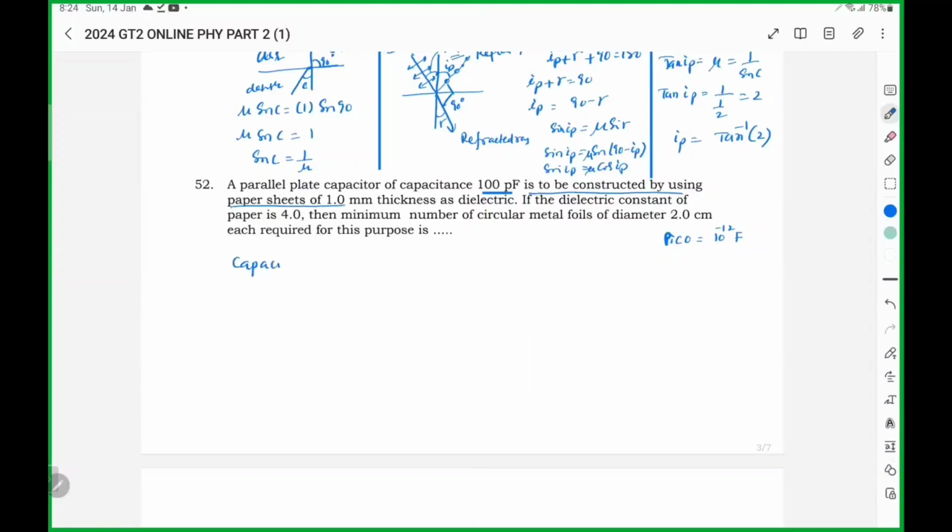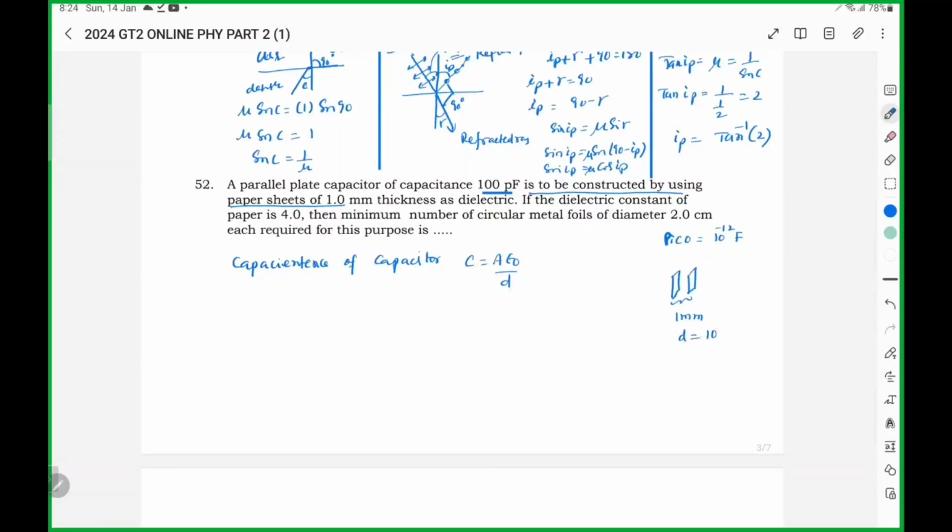For finding the capacitance of a capacitor, we use the formula A epsilon naught by D. Here we have paper sheets of thickness 1 mm.